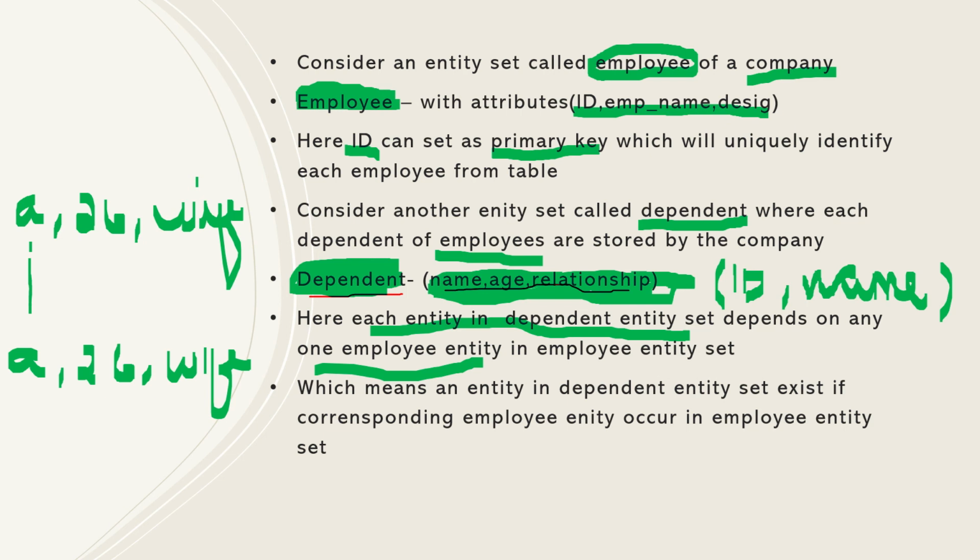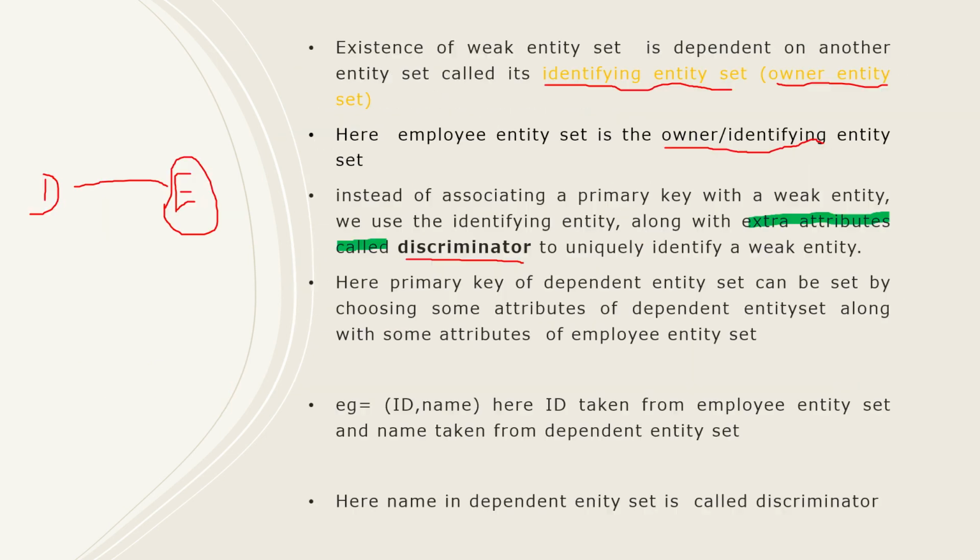So 1, Anju can uniquely identify a dependent entity in the dependent entity set. If you are taking 2, Anju, that means that Anju may be the wife of the employee with employee ID 2. So this combination can uniquely identify each and every entity in this weak entity set. That is the main point you have to consider here.